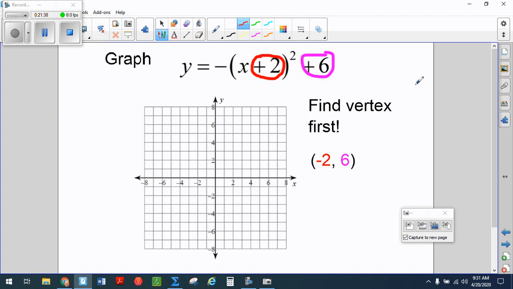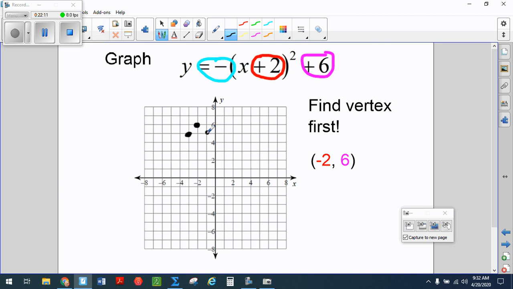The second example we did for the vertex, we had -2, 6. So -2 went left 2 and up 6. And we also have this minus sign out front. Remember the minus sign I showed you on one of the graphs at the very beginning? Means that we turn the graph upside down. So I'm going to go down 1 over 1 in both directions. From there, again, my pattern is 1, 3, 5.